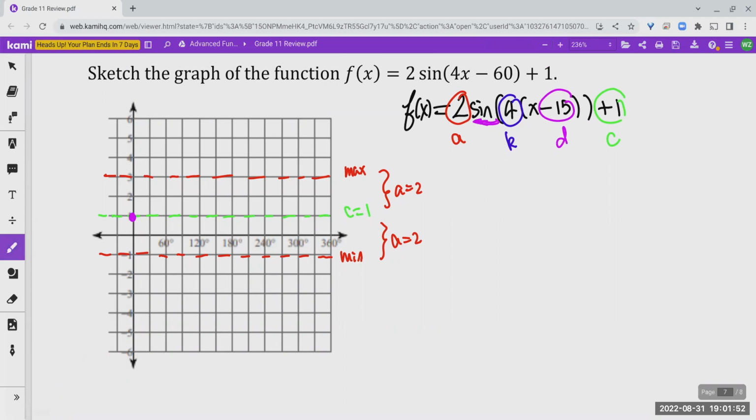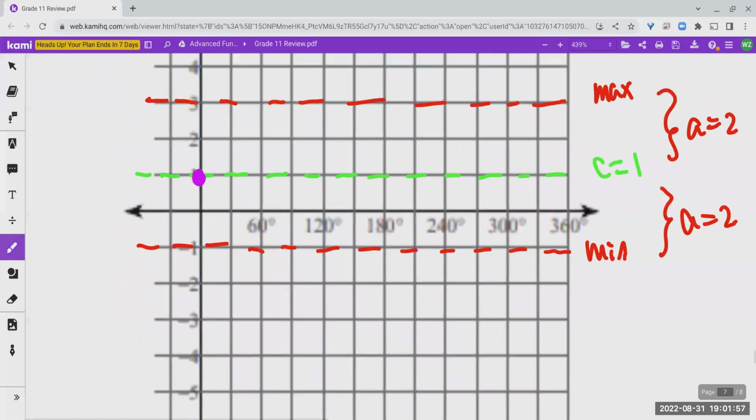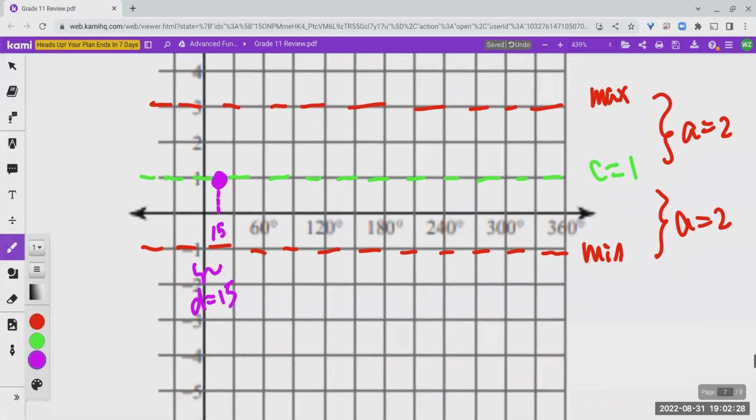You have to take that point and move it to the right by 15. 15 is here, because 2 boxes is 60, 1 box is 30, so half of that is 15. I'm going to erase that. There we go, so it starts there. You have to take the sine, which starts in the middle at 0, and move it to the right by 15. This is kind of hard to label. So D is 15. I hope you can see that clearly.